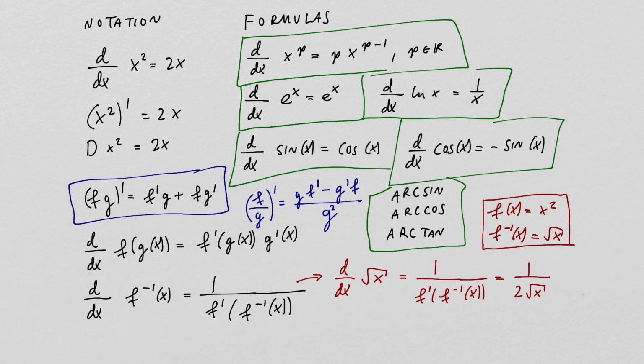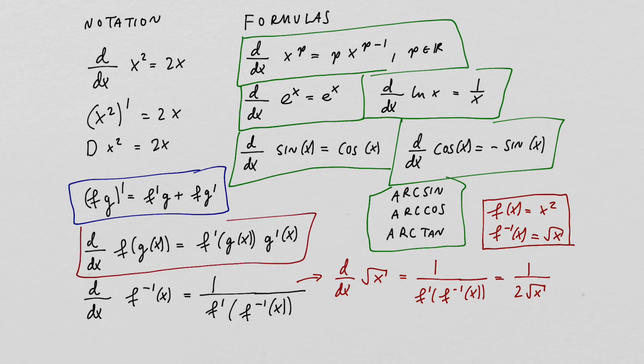We can use this formula to give the formula for the derivative of the quotient. Then we have the differentiation rule of the composite function and the differentiation rule of the inverse function.